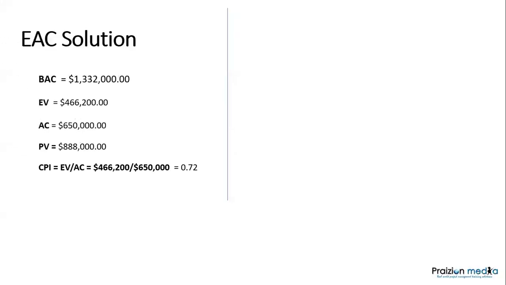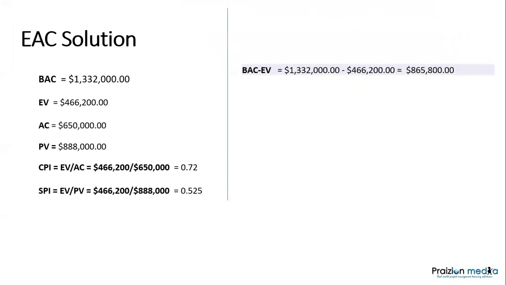So with that awareness, let's move to the final part of this question. You see how all the numbers unravel there, and now all we need to do is put them together in the overarching formula. So let's find the BAC minus EV, that is $865,800. The CPI times SPI will give you 0.38.